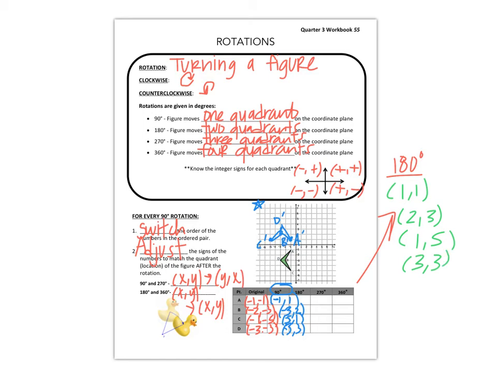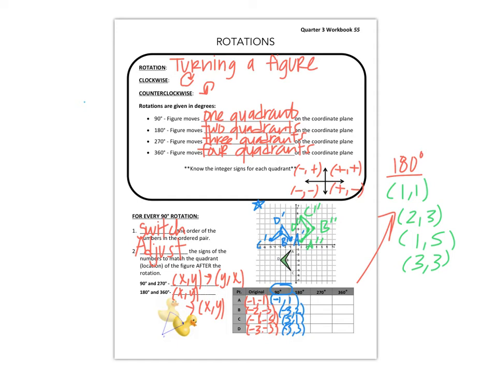We just have to be sure to adjust the signs. So anytime it's 180, it's going to be diagonal to where the original was. So we're going to go from quadrant 3 up to quadrant 1. You can also count, 180 is 2 quadrants. 1, 2. So quadrant 1, everything is positive. Go ahead and plot these points.